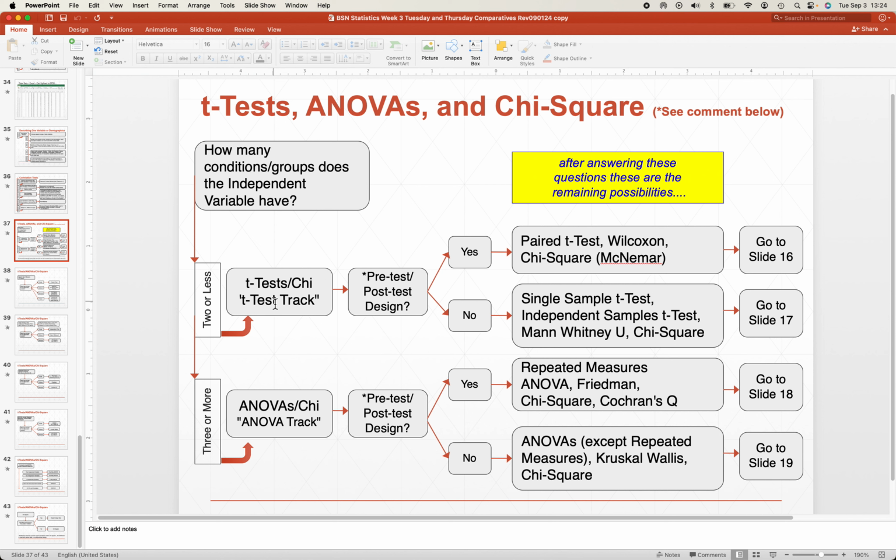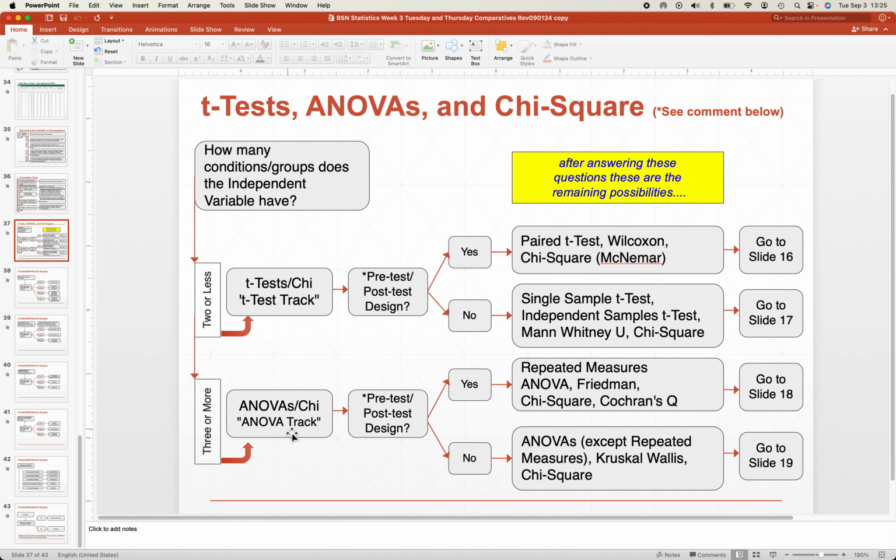If it's 2 or less, we use the t-tests. If it's 3 or more, we're going to use the ANOVAs. Under the t-test, if it's a pre-test, post-test design, we go with the paired samples t-test or the Wilcoxon or the chi-square. If it's not a pre-test, post-test design, we go with the single sample t-test, independent samples t-test, the Mann-Whitney U or chi-square.